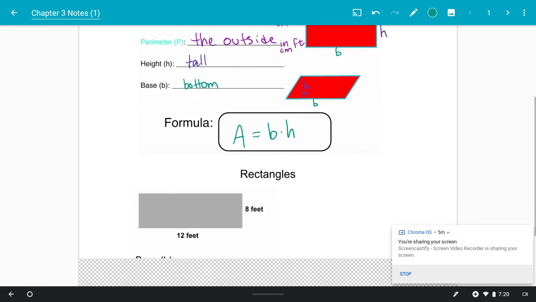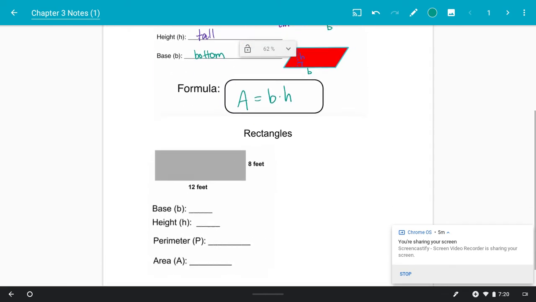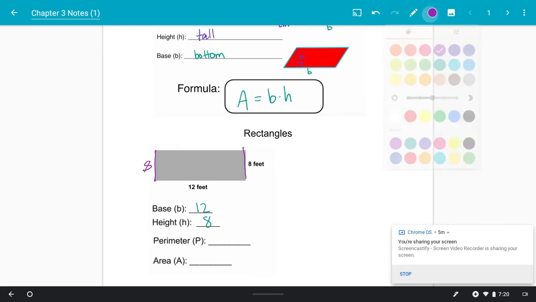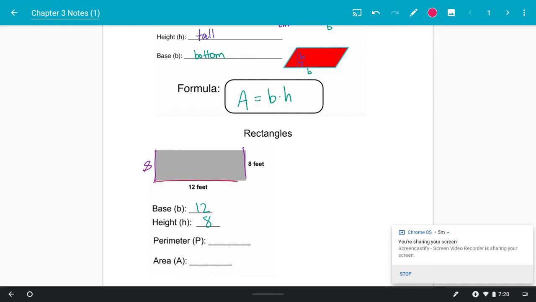Okay, so when we look at this rectangle, first of all, the base is the bottom. Generally, doesn't have to be, but the base is 12. The height is 8. The perimeter is the outside. So if this is 8, that means this is also 8. If this is 12, that means this is also 12.